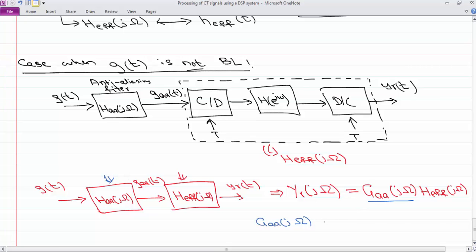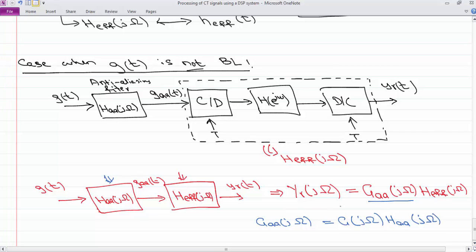So that is given by my input frequency, G of j omega, times the frequency response of my anti-aliasing filter H_AA of j omega.